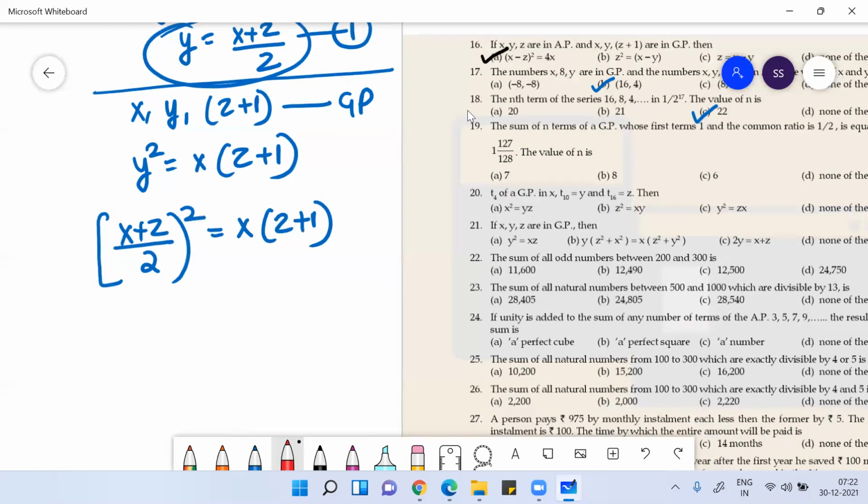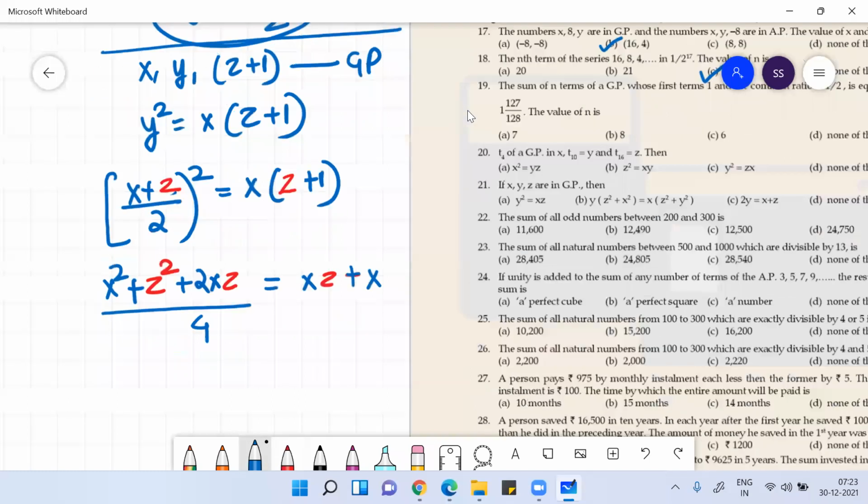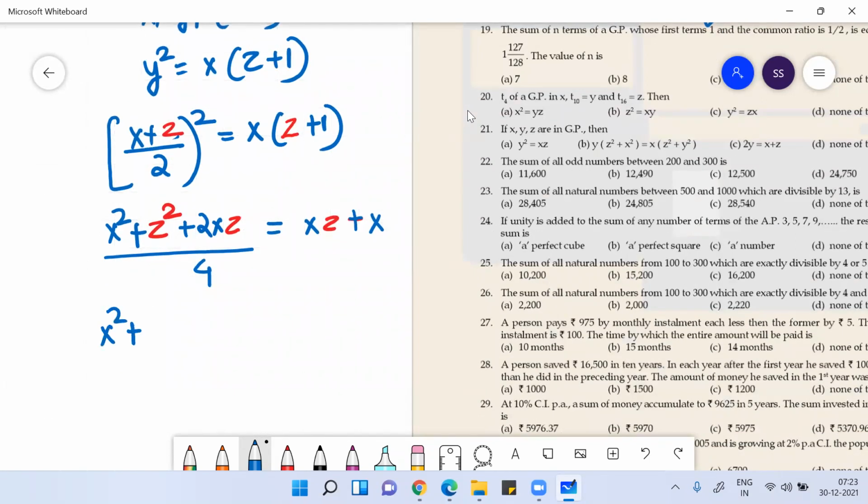This is 2, so this will be (X square plus Z square plus 2XZ) divided by 4 is equal to XZ plus X. So this will be X square plus Z square plus 2XZ is equal to 4XZ plus 4X.